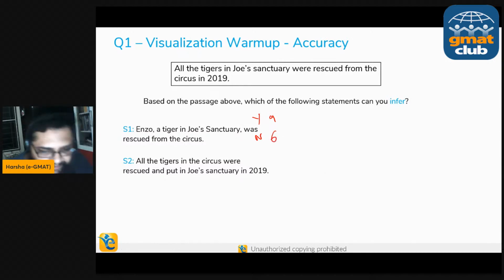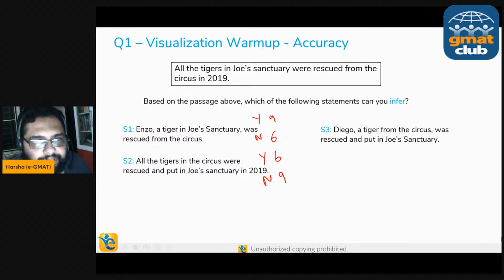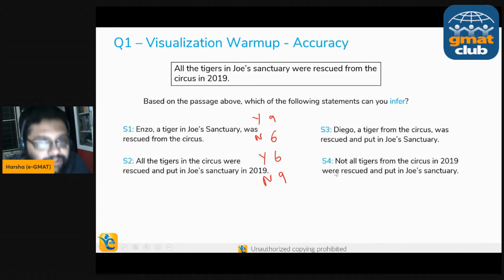Let's look at statement number two. Statement number two is fairly interesting. Around six of you told me yes, and around nine of you told me no. It cannot be inferred. Let's quickly move to statement three. These statements were a little more easy.